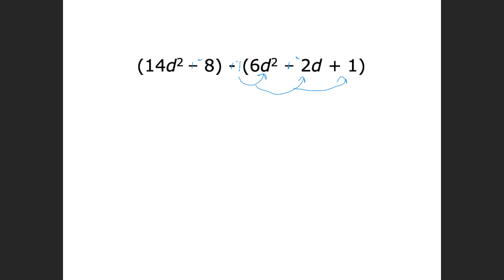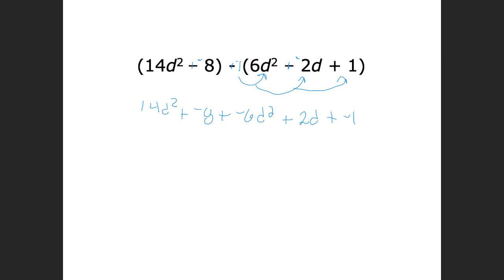So my first parenthesis doesn't change. I have 14d squared plus -8 plus, and then -1 times 6d squared, that's -6d squared, plus -1 times -2d, that gives me +2d, plus -1 times 1 is -1. Okay, so now I've got the negative sign or the minus signs out of there.